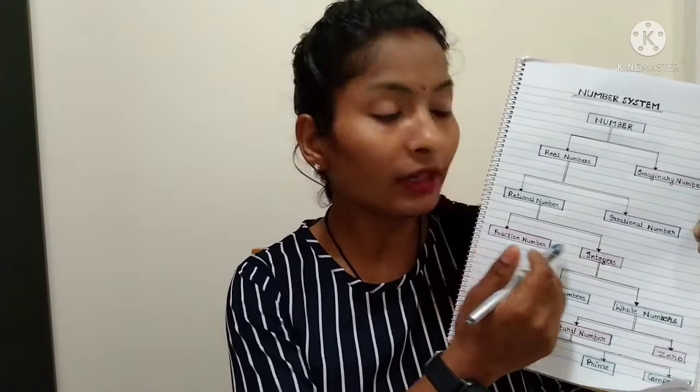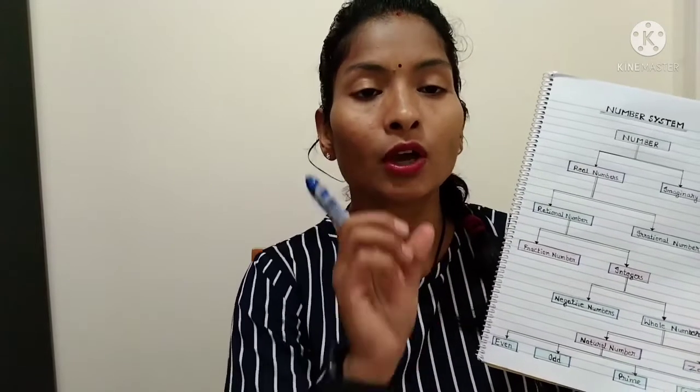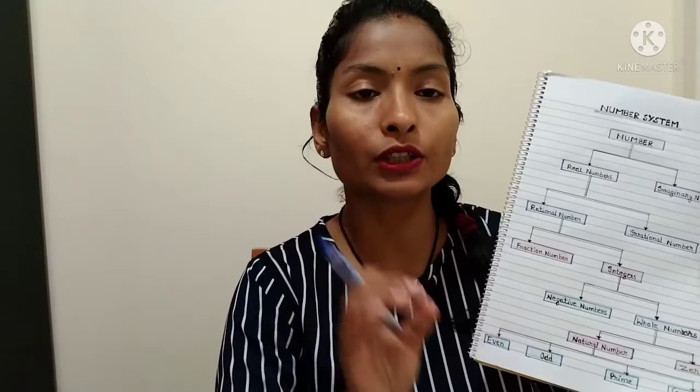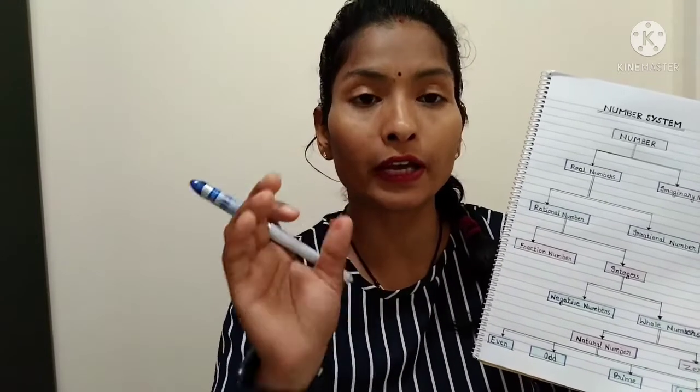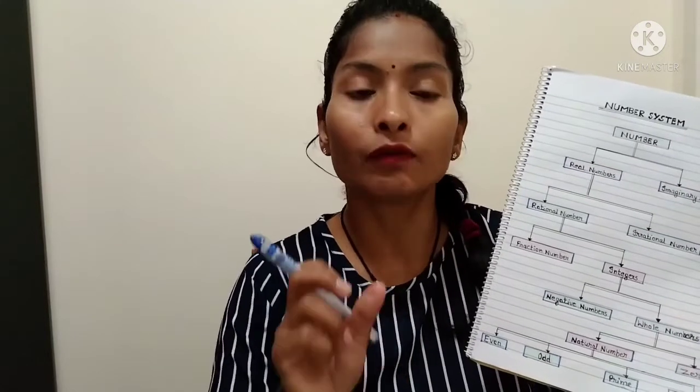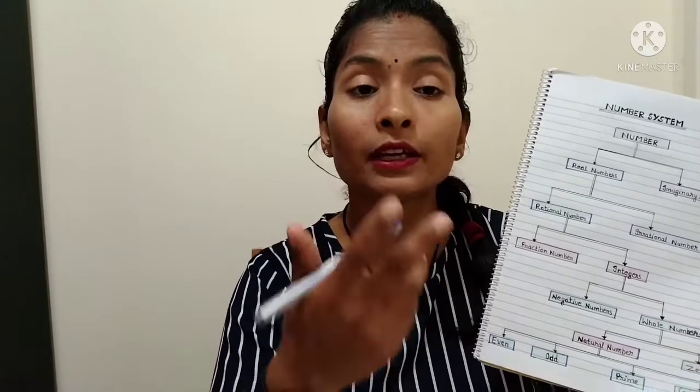And when we combine integers and fractions, we get rational numbers. So what are rational numbers? Rational numbers are those numbers which are written in the form of a upon b, where b is not equal to 0 and the values of a and b are always integers.